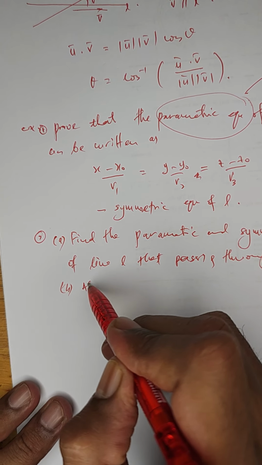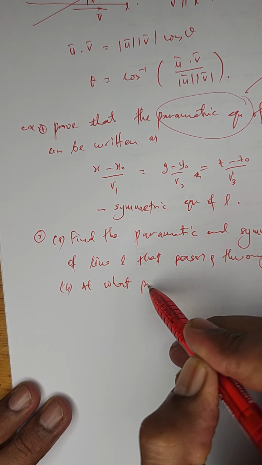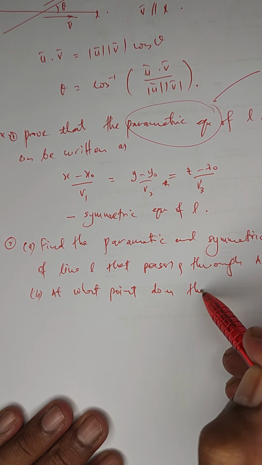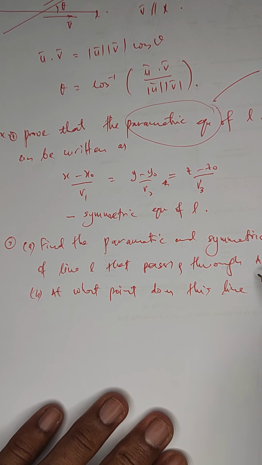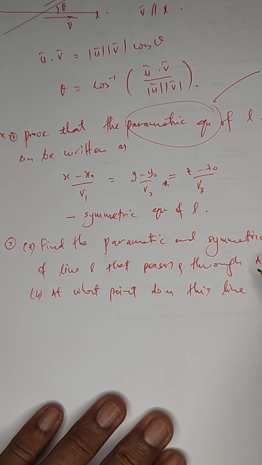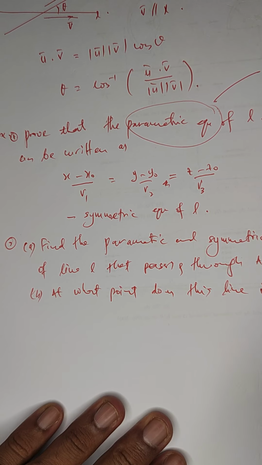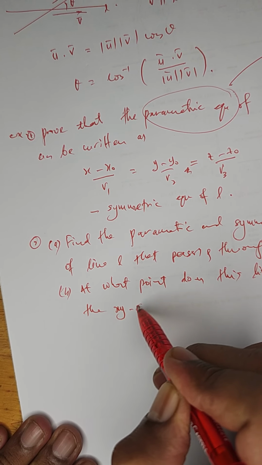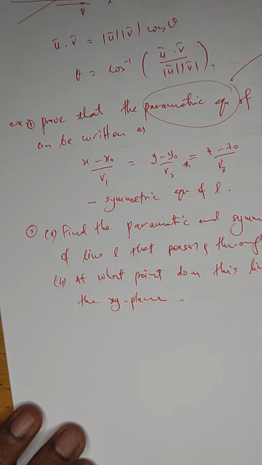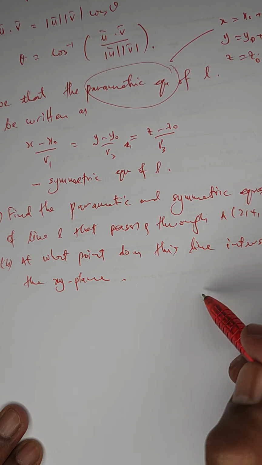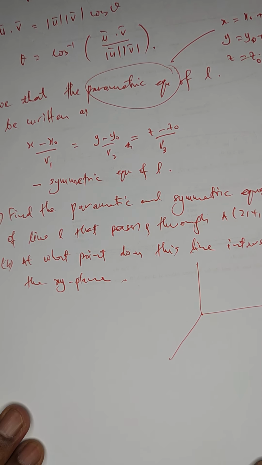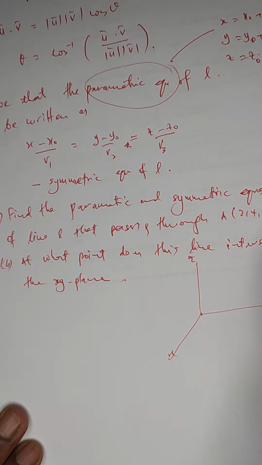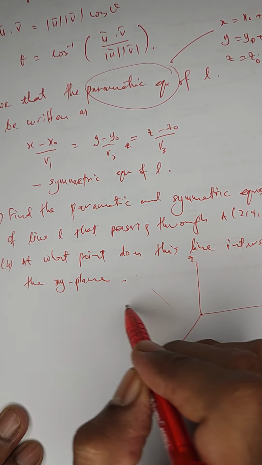At what points does this line intersect the XY plane? If you can visualize this in three dimensions, we have the xy plane and z, and this line is somewhere like that.